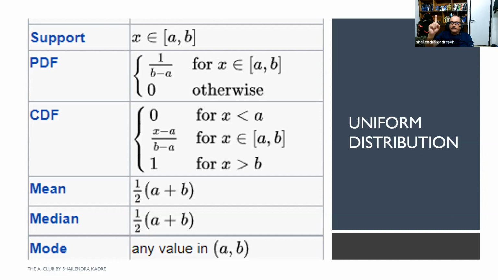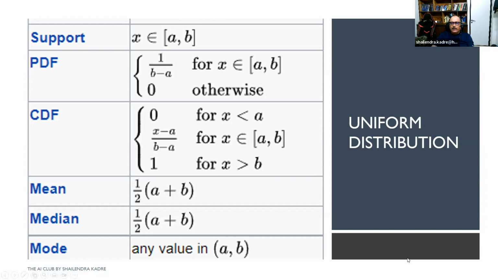And for X between A and B, it is given by X minus A upon B minus A. Mean and median are given by A plus B by 2, and mode can be any value between A and B. Any challenge so far in these simple formulas?